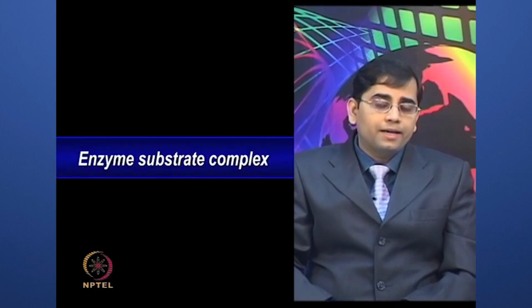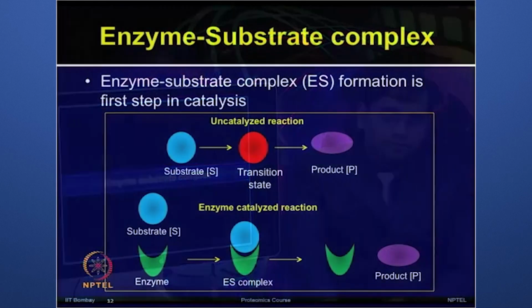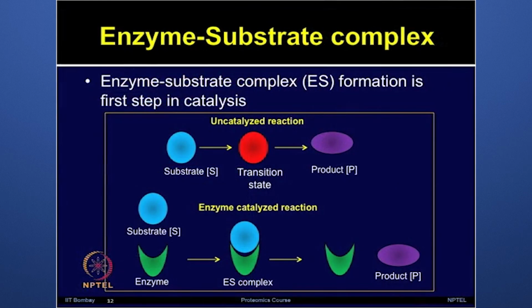Enzyme substrate complex. The enzyme substrate complex, or ES, formation is the first step in catalysis. Enzymes are very selective in the choice of substrate they can bind, which ultimately dictates the specificity of these catalysts.